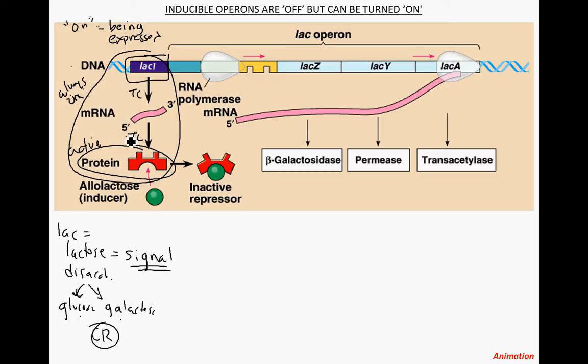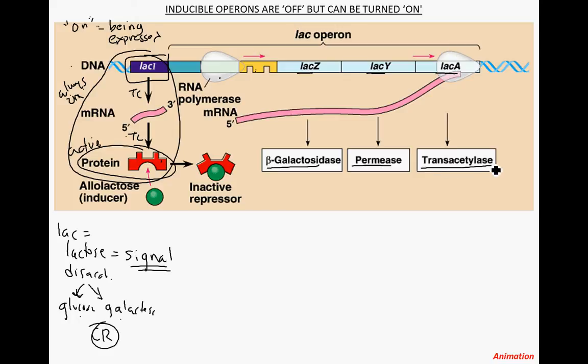And so if you had this active repressor protein, this repressor protein would bind up here to the operator. Right? And if you bind that to the operator, then this RNA polymerase physically cannot move down the structural genes of the operon. Right? And so these structural genes of the operon right here, this LAC-Z, LAC-Y, and LAC-A, all code for enzymes, respectively, beta-galactosidase, permease, and transacetylase.